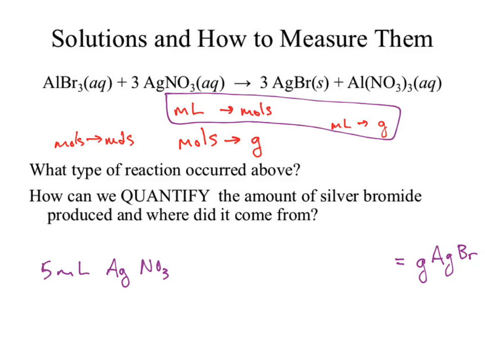If we go out into the world and think about all the concentrations of things we see, we typically see them in what units? Percent by volume is the most common one. ABV. What's ABV?